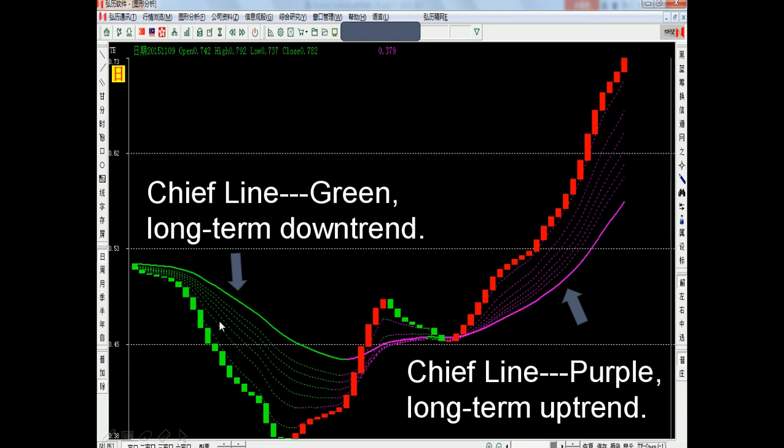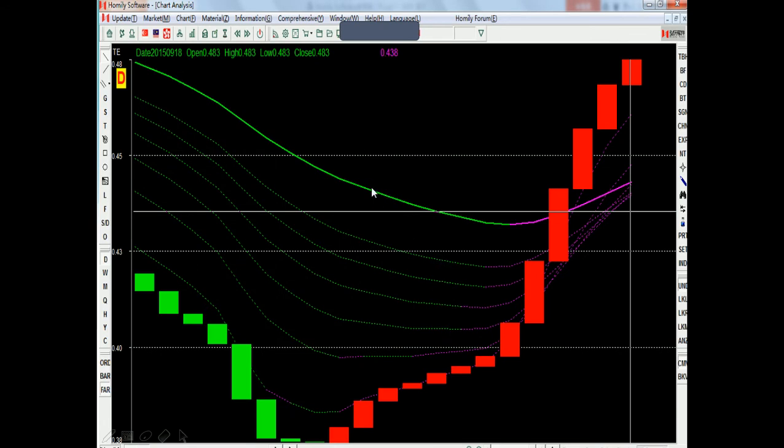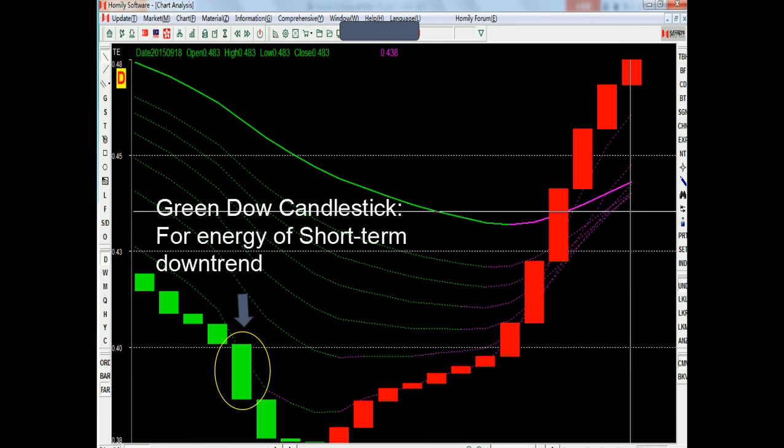If you see the green line, you should think that the trend is going down, and if you see the purple line, the trend is going up. It's very easy. Then you can see how to make sure of the buying point and selling point. Here you can see these columns, or we call them blocks. The green dog candlestick is the energy of short-term downtrend.